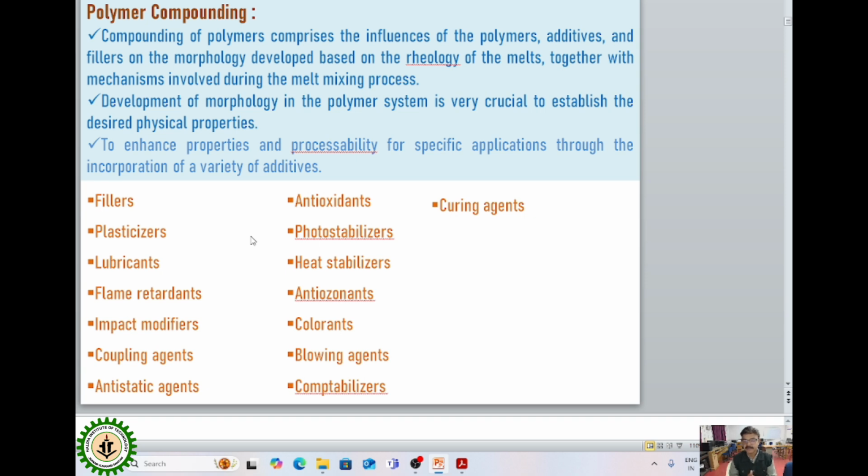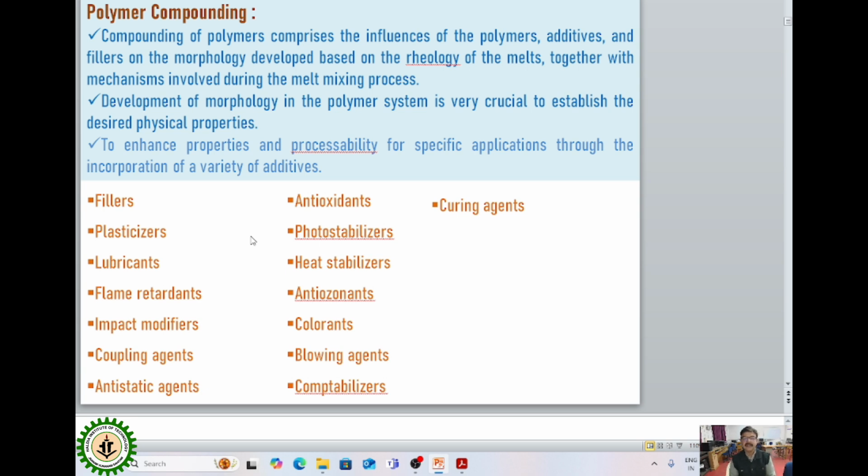Generally, depending on the purpose of final use, we have to choose compounding ingredients, and accordingly the selective compounding ingredients are used by different polymer processor units. Polymer compounding is a mandatory process before giving the final shape of the product.